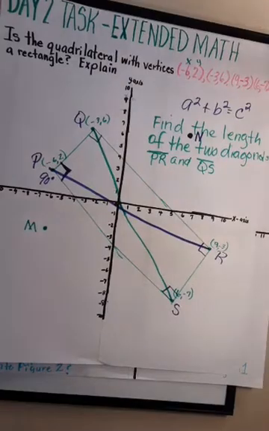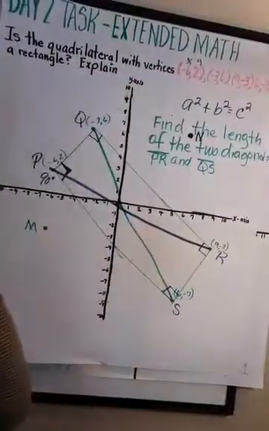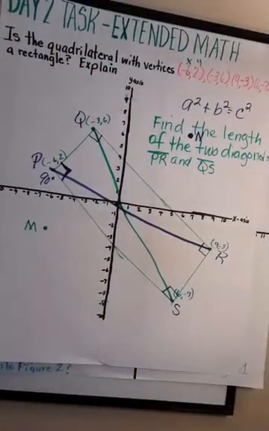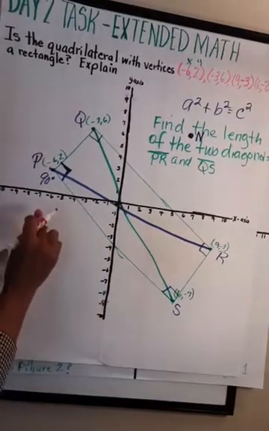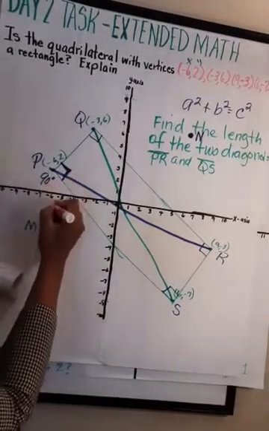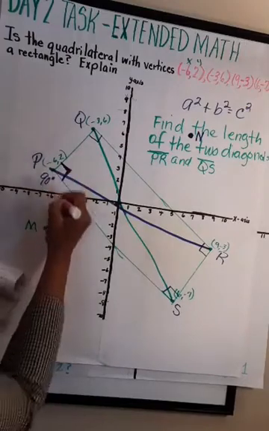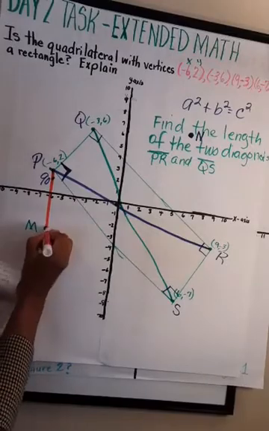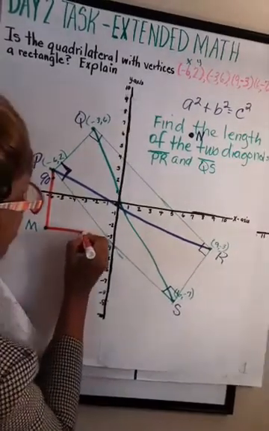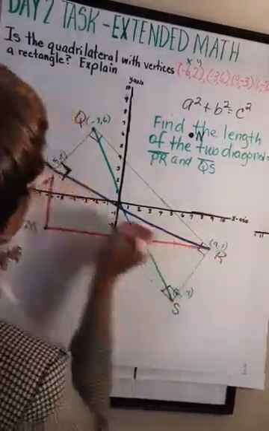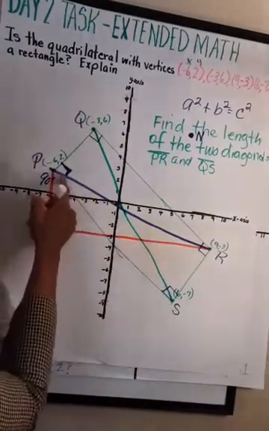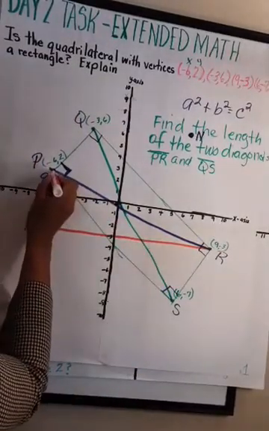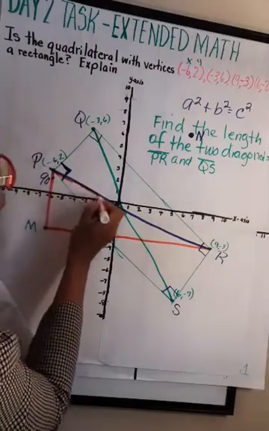When you look at that shape, okay, and this is the diagonal, but I'm going to put a red line right up under it so you know we're talking about this.